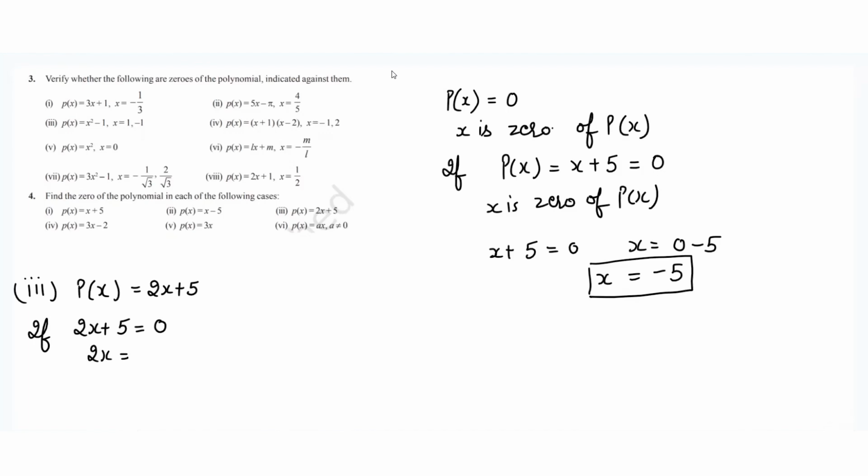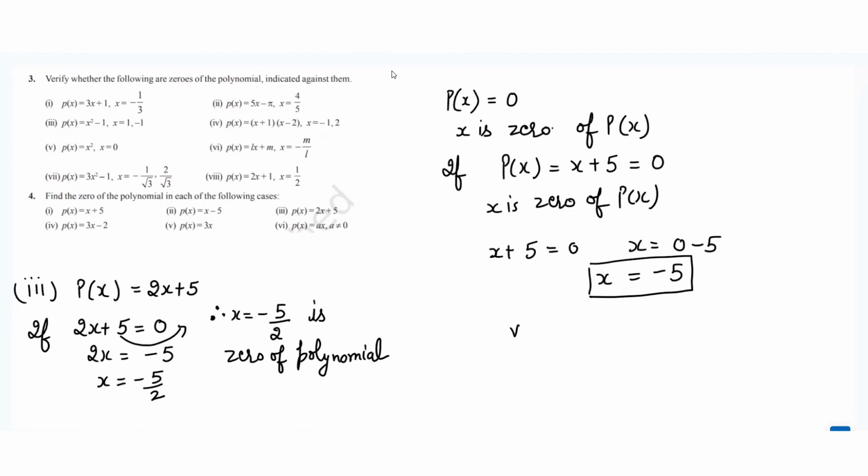So 2x is equal to minus 5, taking the 5 to the other side, and x will be equal to minus 5 by 2. So we can say, therefore, x is equal to minus 5 by 2 is the zero of the polynomial.